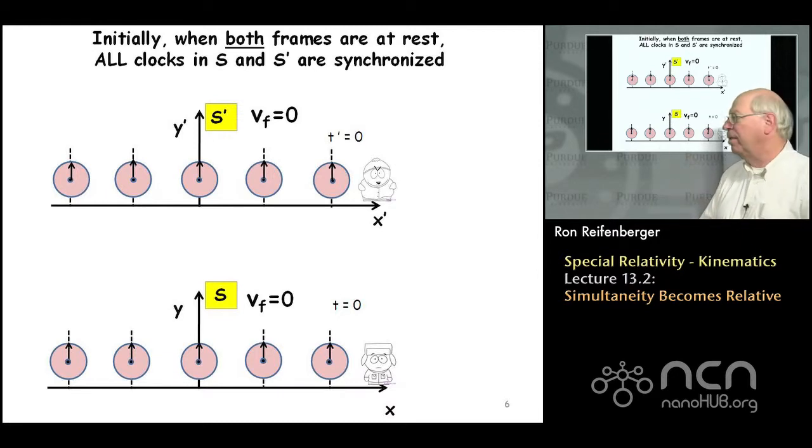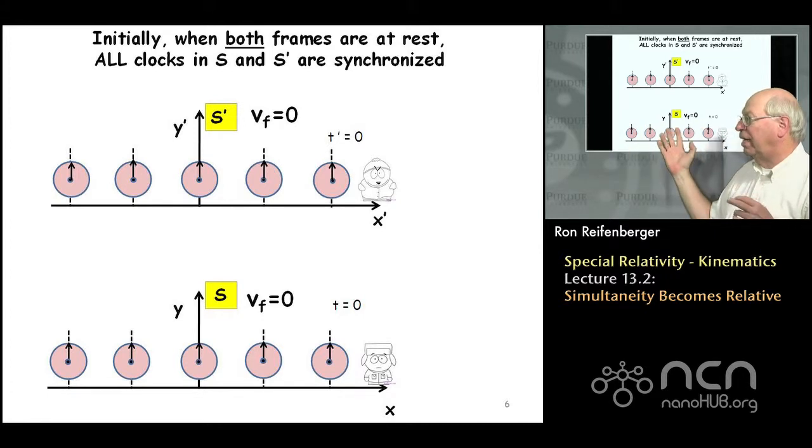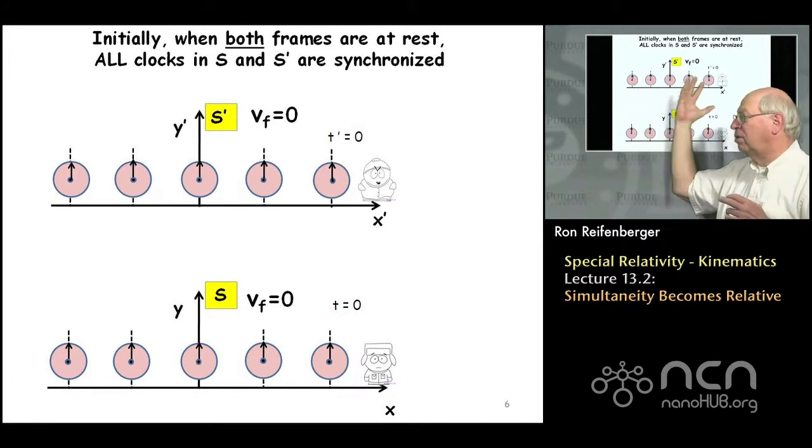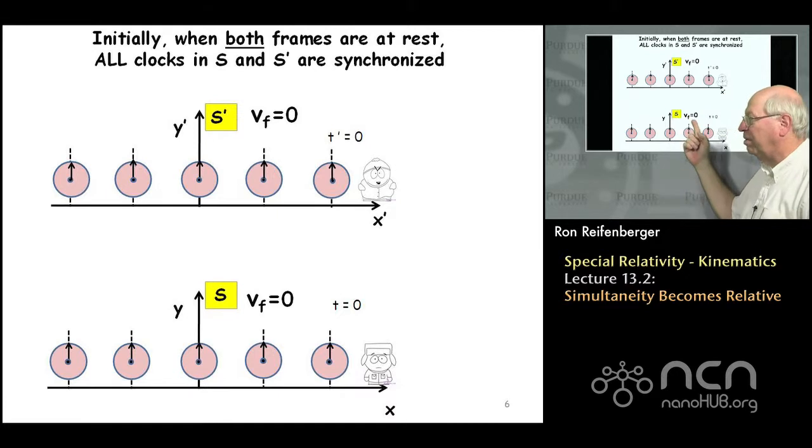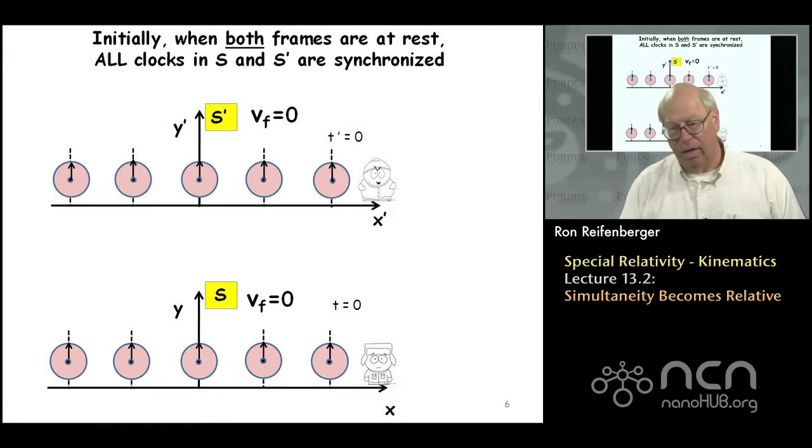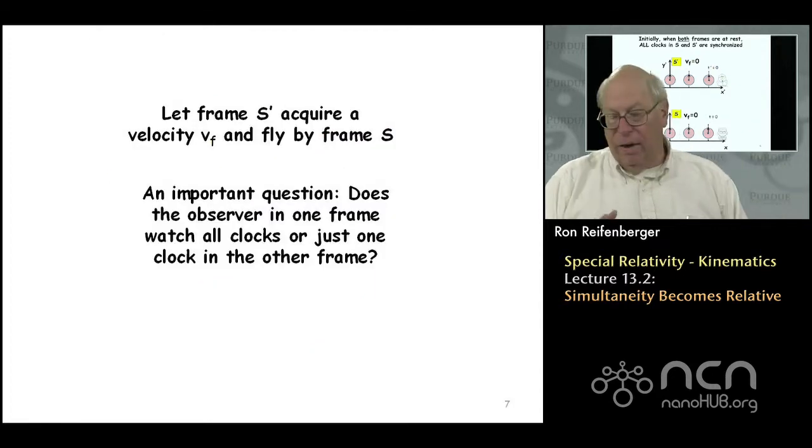That's not a problem. You can, for instance, set all the clocks so that they measure 0 at some instant in time. They're all synchronized. All these clocks are synchronized with all these clocks. That's simply a result of the fact that there's no relative velocity between the two.